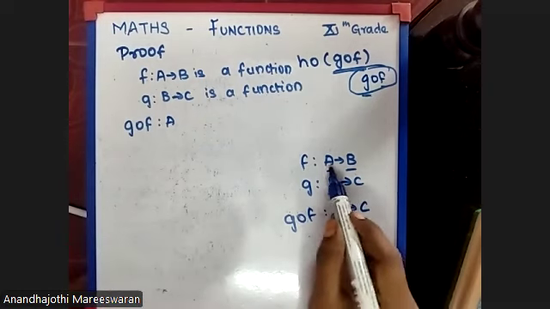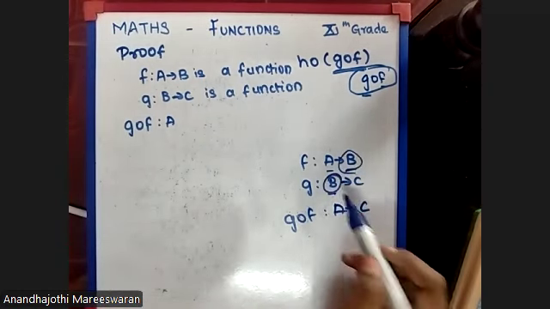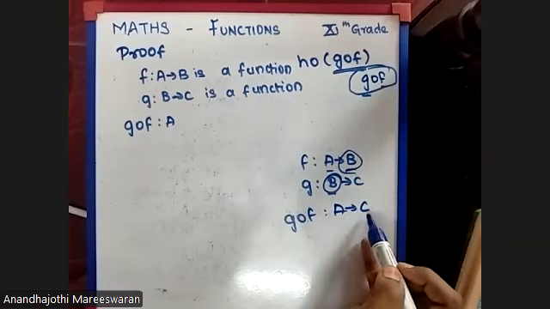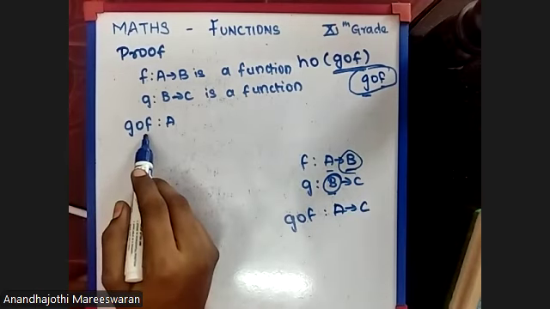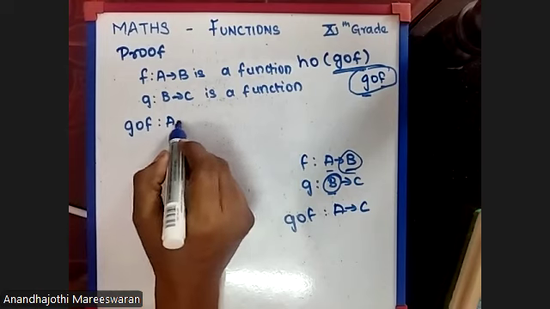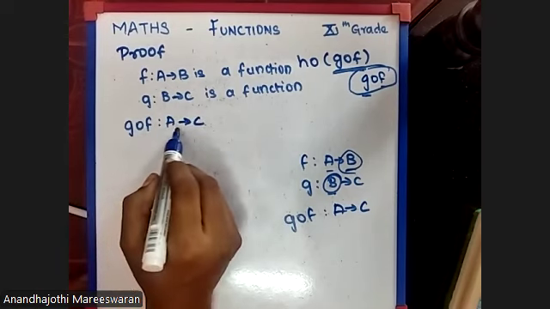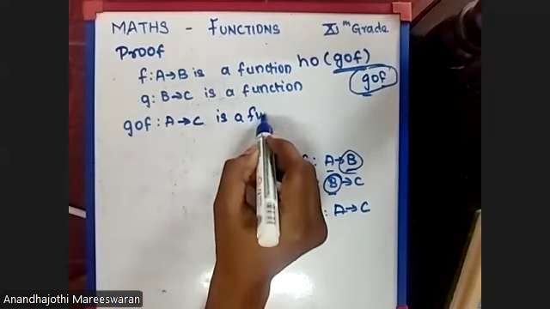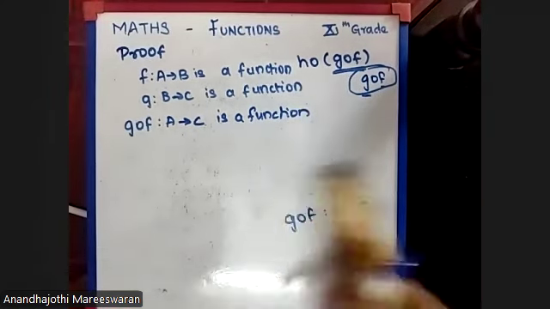Because F maps A to B, G maps B to C. These two are the same, so we can take this directly. So A maps to C, right? G circle F lies on domain A, codomain C. So G circle F maps A to C as a function. Right?